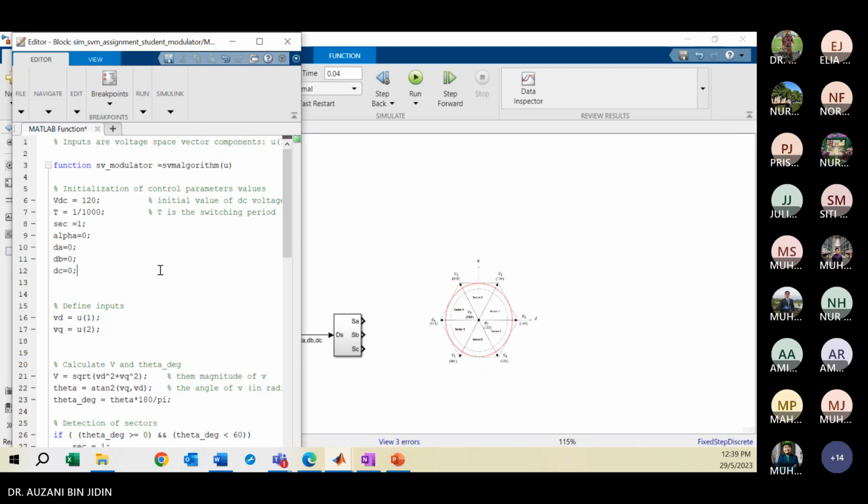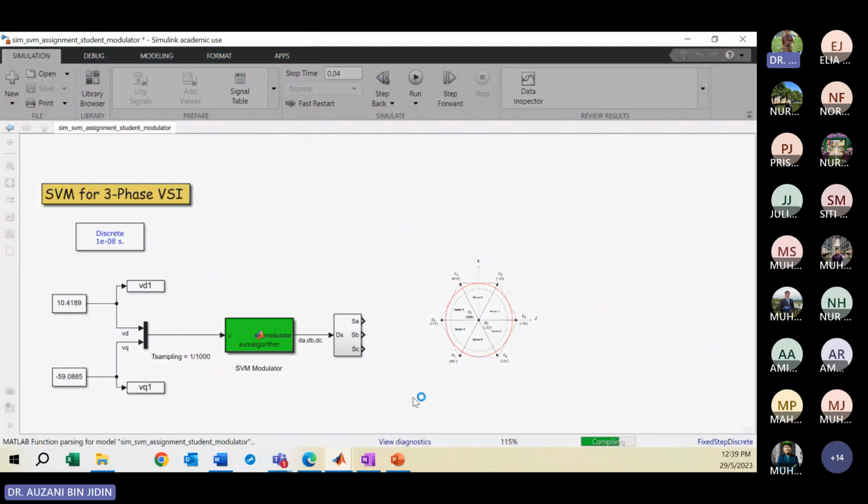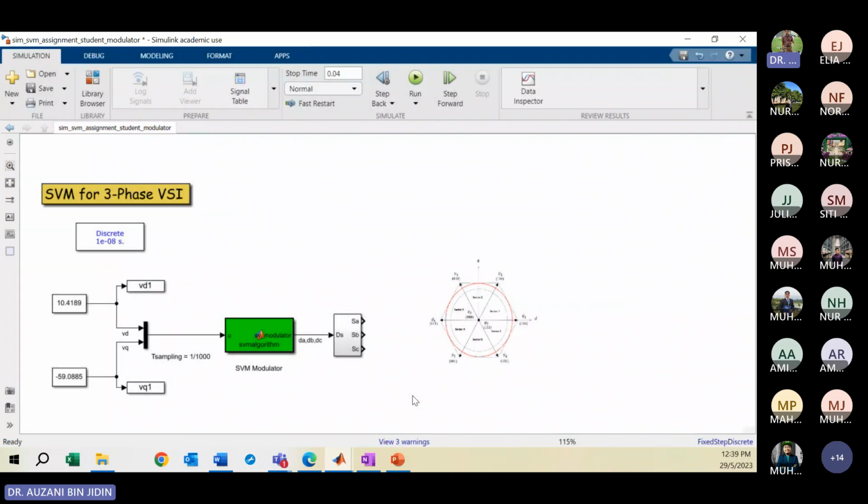You must set the initial values of the output signals, DA, DB, DC. And then you can run the simulation. Still error? Okay, no error.